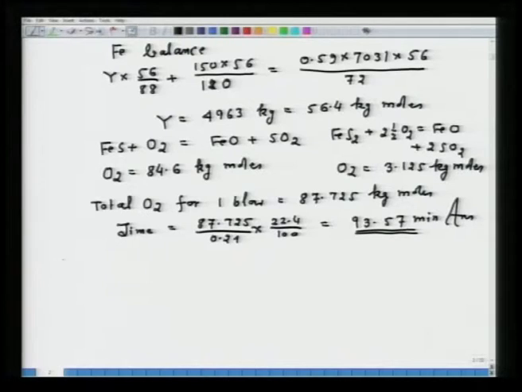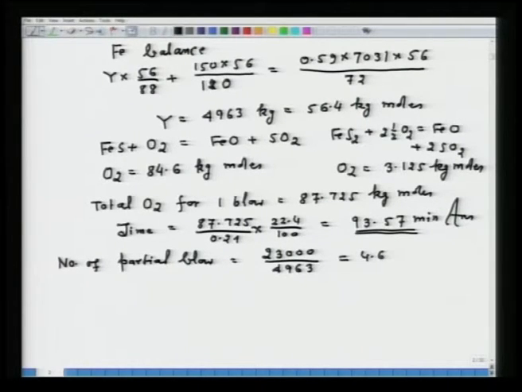Now, the number of partial blows. You know the time for one blow is 93.57 minutes, and in one blow you are able to remove 4,963 kg of FeS. So, the number of partial blows will be 23,000 upon 4,963, that is 4.63, so approximately 5 blows are required.